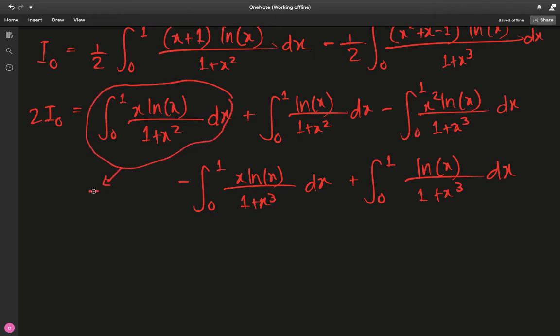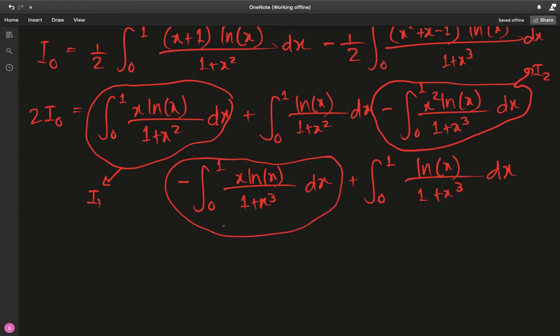So call this I1, call this along with the negative to be I2, and then this along with the negative, call this to be I3, and this along with no negative, so don't bother, I4. So let's calculate each of them separately and then plug them back into the 2I0 equation.